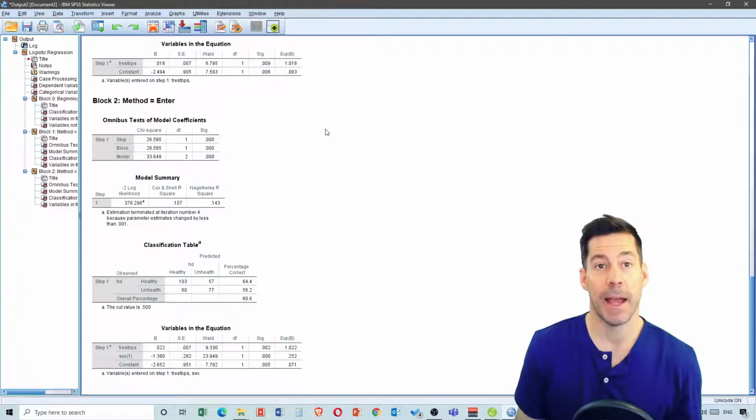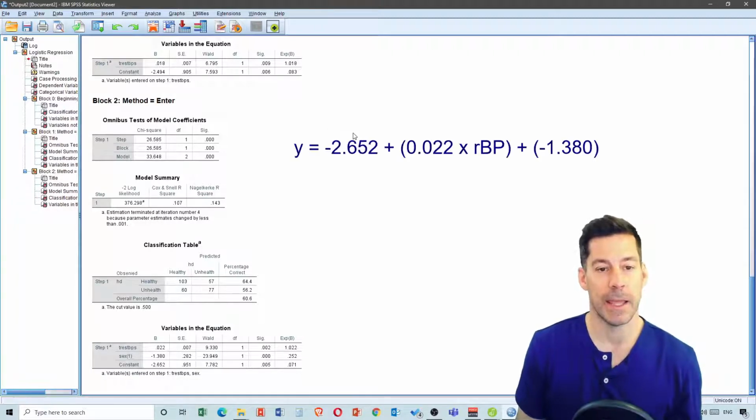So our equation will be our intercept plus blood pressure times 0.022 plus another impact for the sex of the participant.